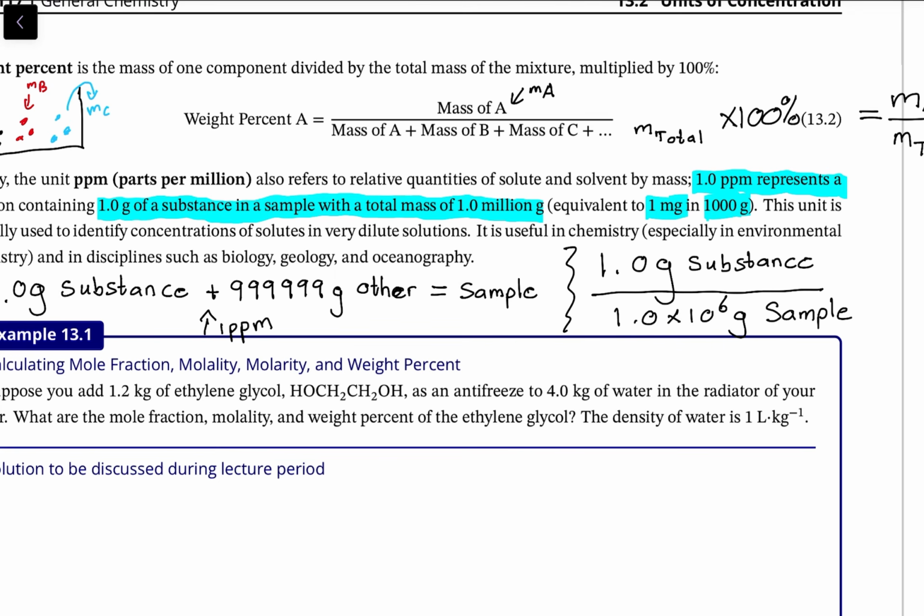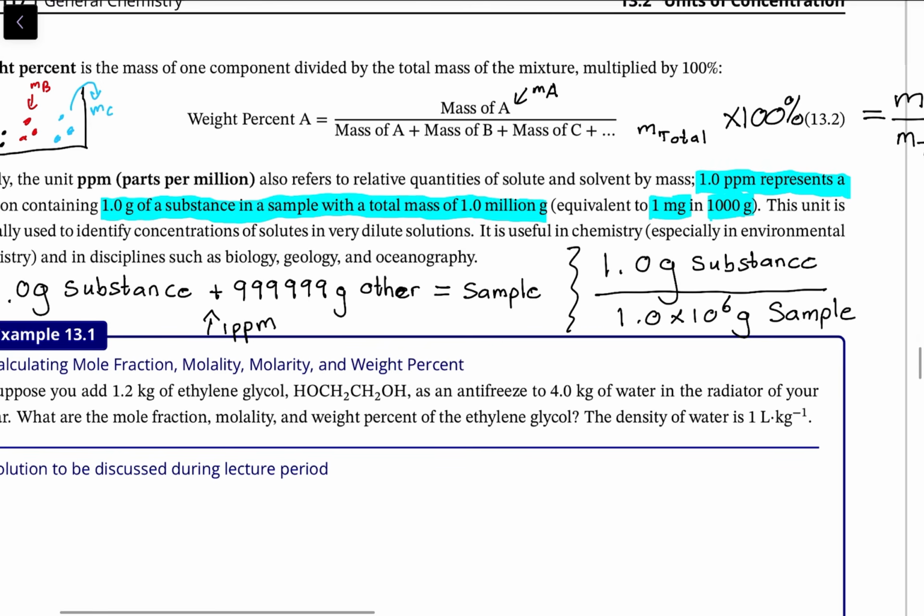So it gives you a ratio. It tells you that for every million gram of the sample that I have, I will have 1 gram of my substance. That is what the unit ppm tells you.